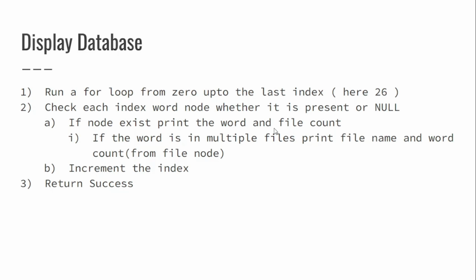If a node exists, we will print the word and file count. If the word is in multiple files, then we will print the file names and the word count. Then we will increment the index, and we will continue this operation until each word index is null.